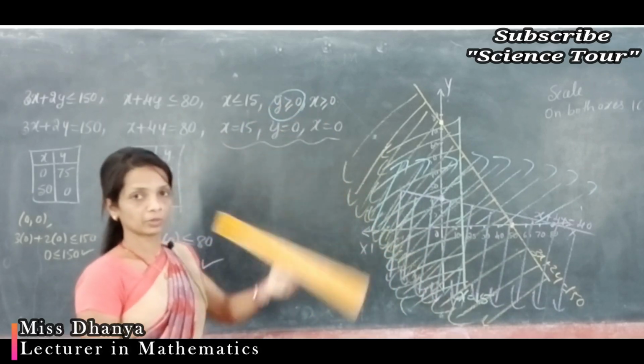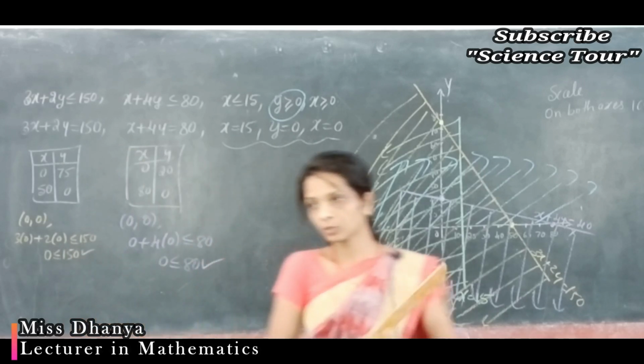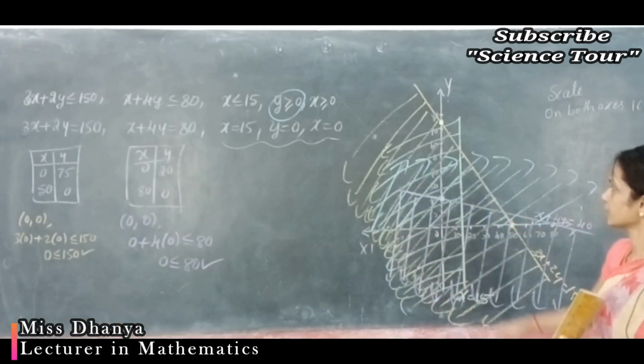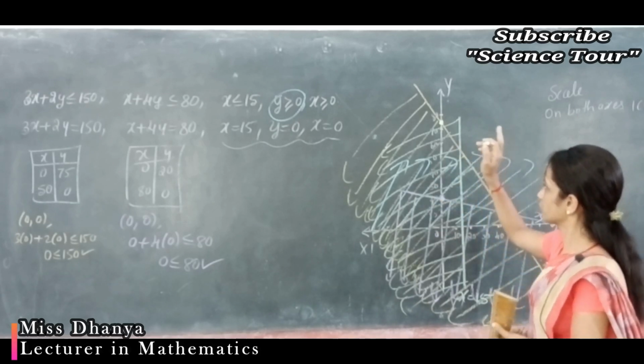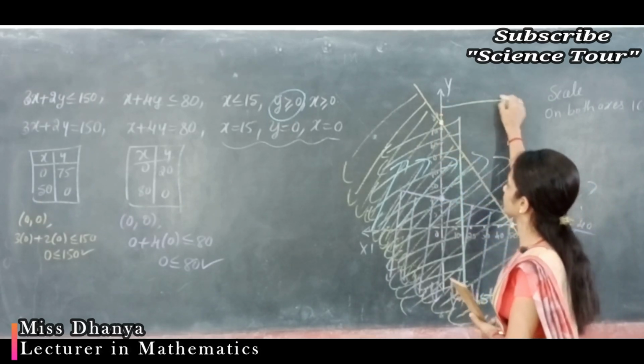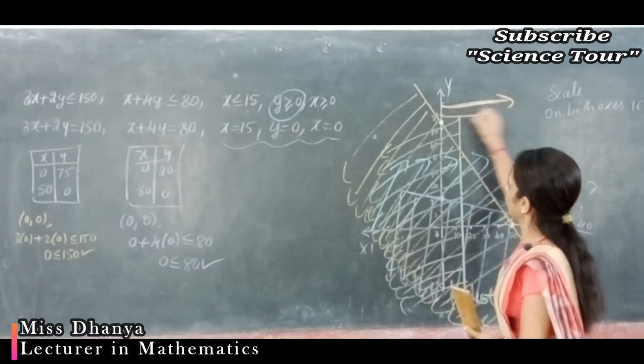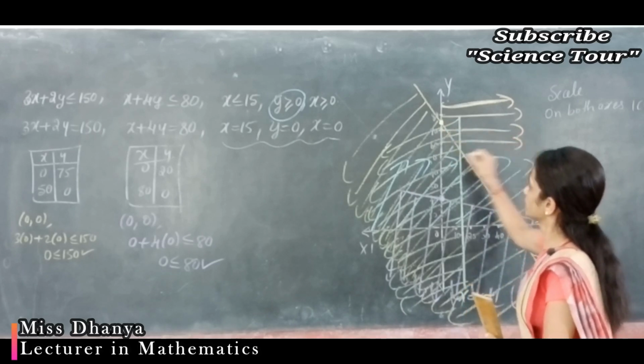Next, x greater than or equal to 0. X equal to 0 is the y-axis, so x greater than or equal to 0 means you shade to the right side of the y-axis.